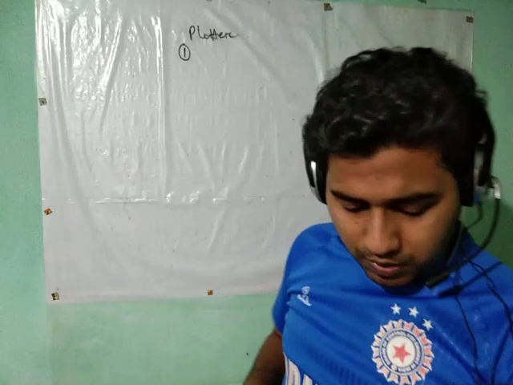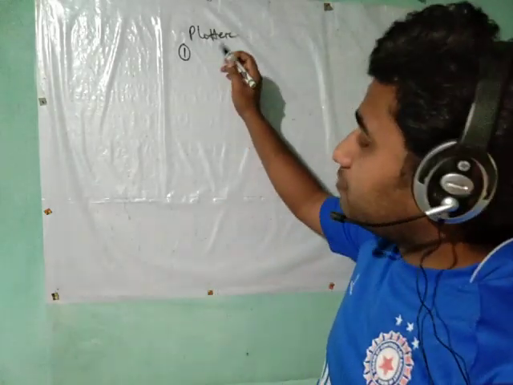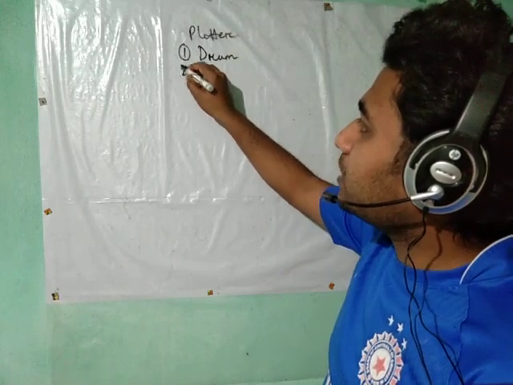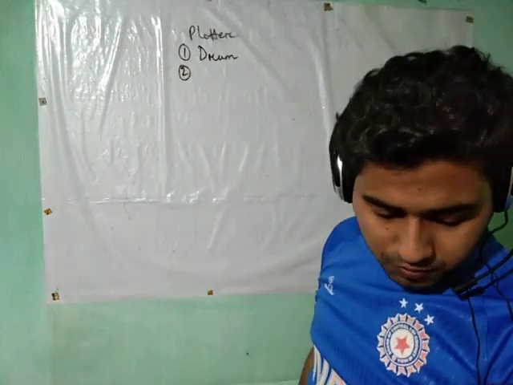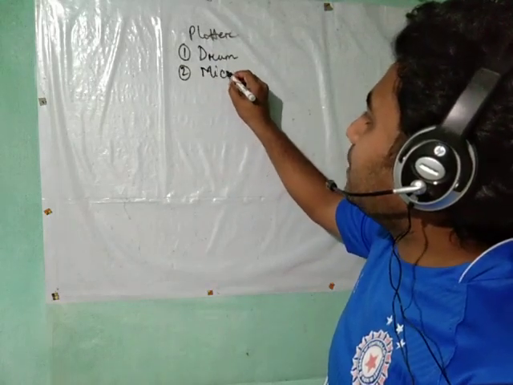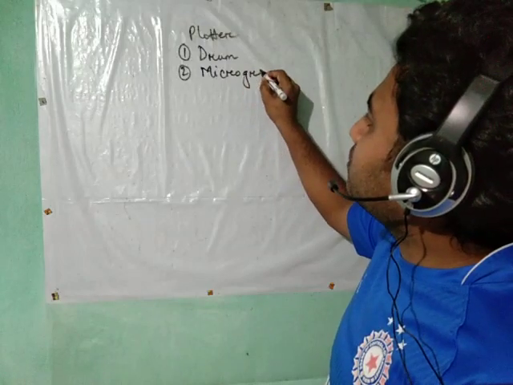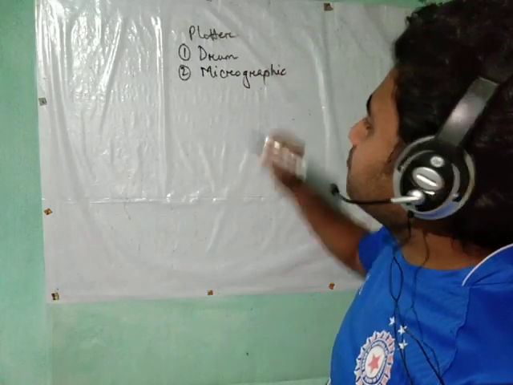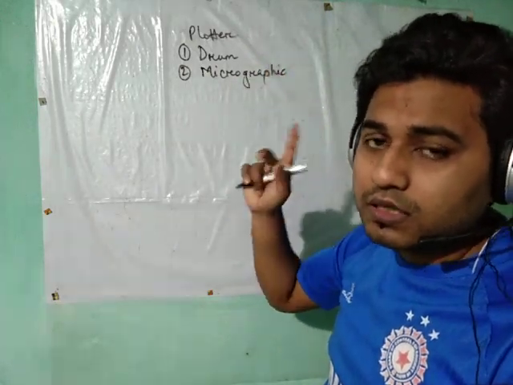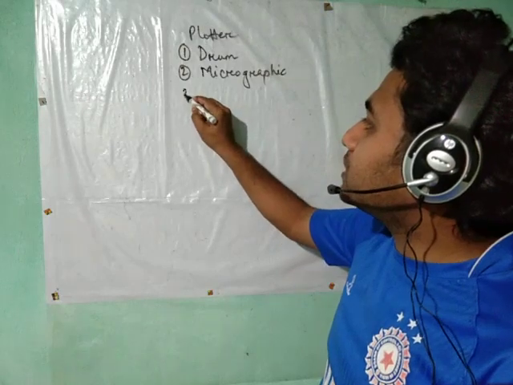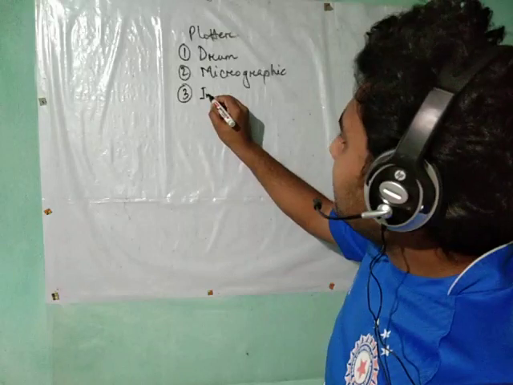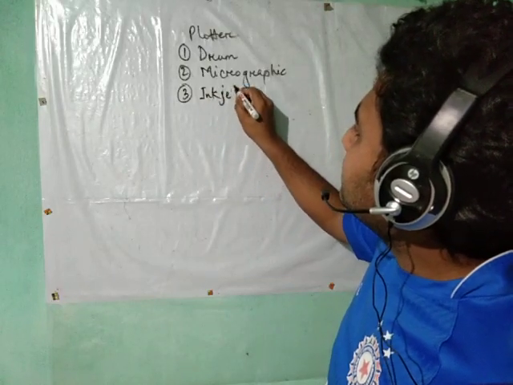Now what are the different types of plotter? First one is the drum plotter. Number 2, micrographic plotter. Number 3 is the inkjet plotter.